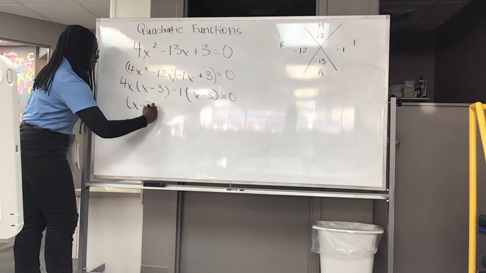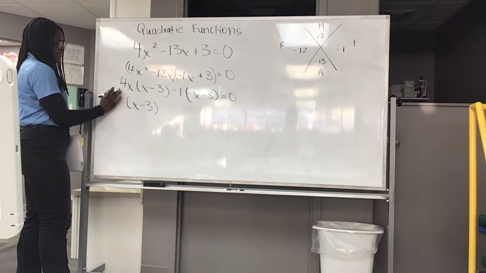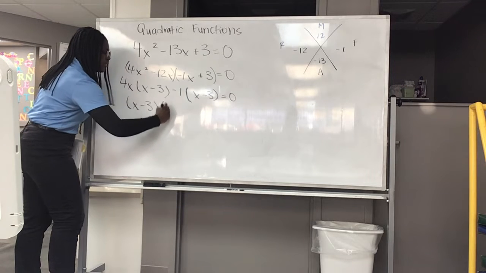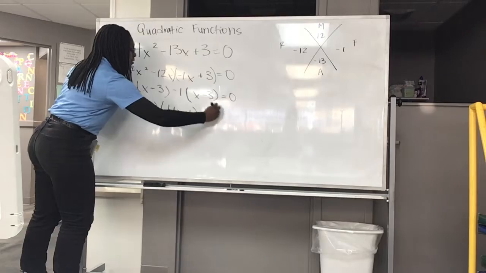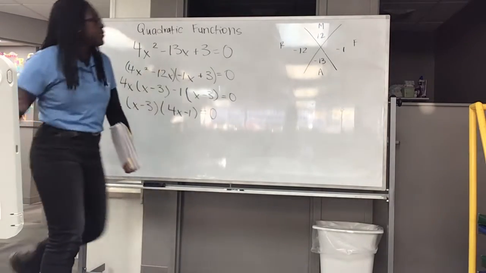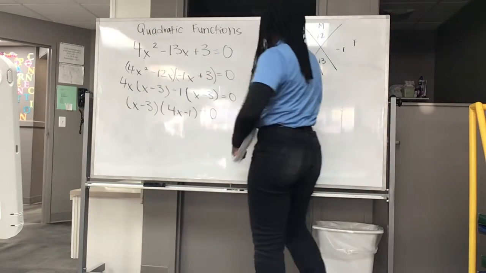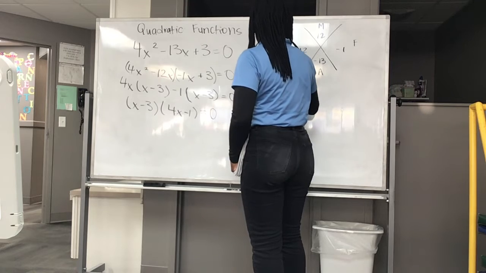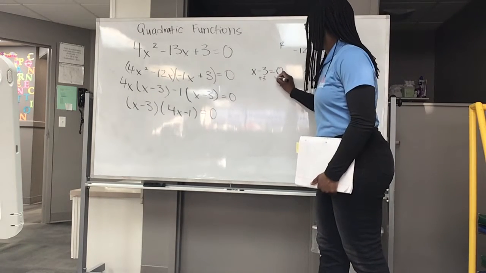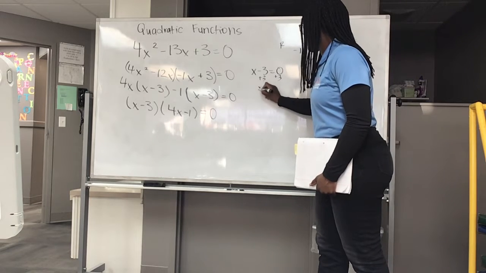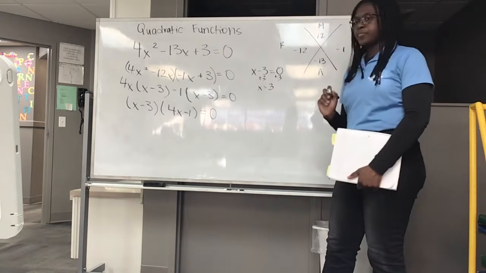Okay? So these two are the same. X minus 3, I'll need to write it once. And then the other one is 4x minus 1. Set those two equal to 0. If x minus 3 equals 0, x would be 3.